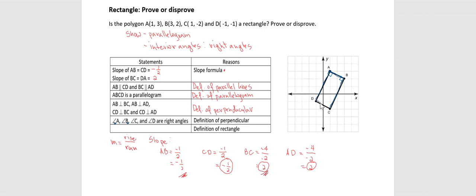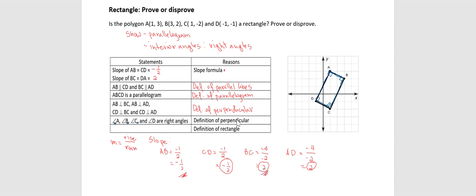Line segment CD is perpendicular to line segment BC. So angle C is a right angle. Line segment CD is perpendicular to line segment AD. Therefore, angle D is a right angle.